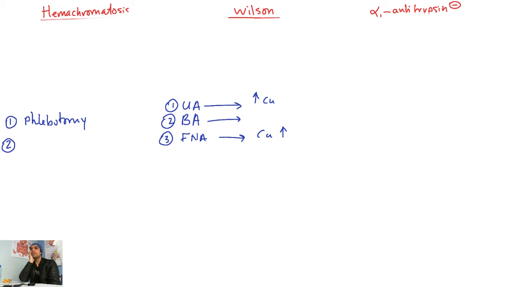Maybe you can do CT of the head and you see the caudate and putamen degenerated, frontal lobe affected, but it will not give you the diagnosis of Wilson's disease. You could do that, it doesn't really help. Maybe you have to do genotyping, or genetic tests.